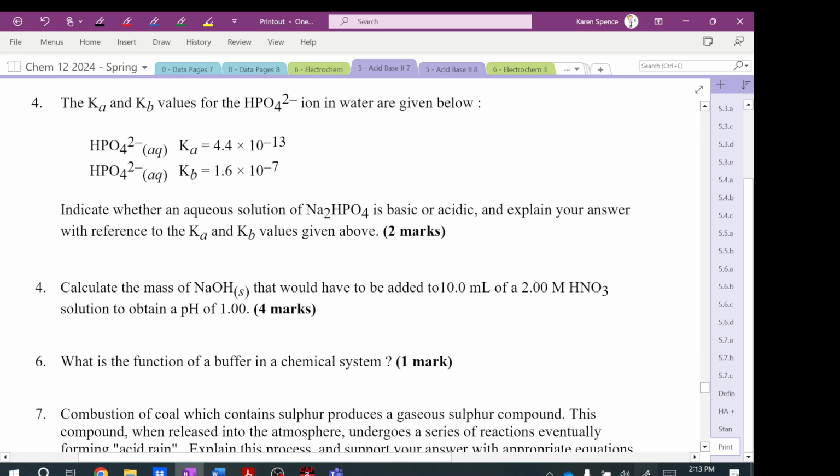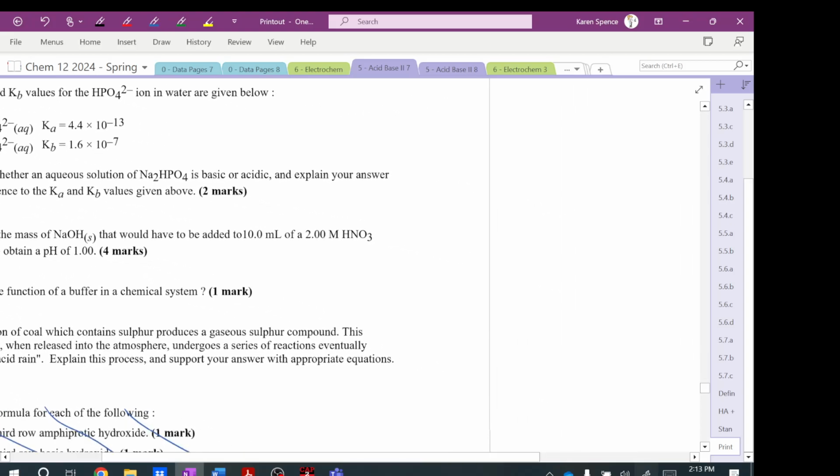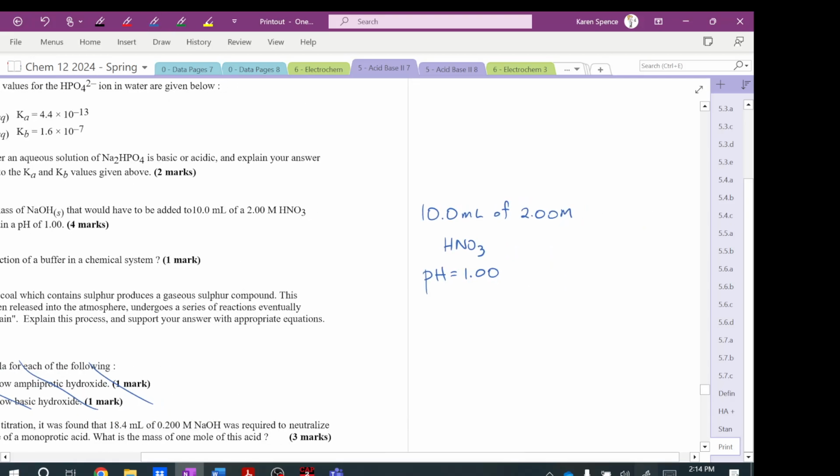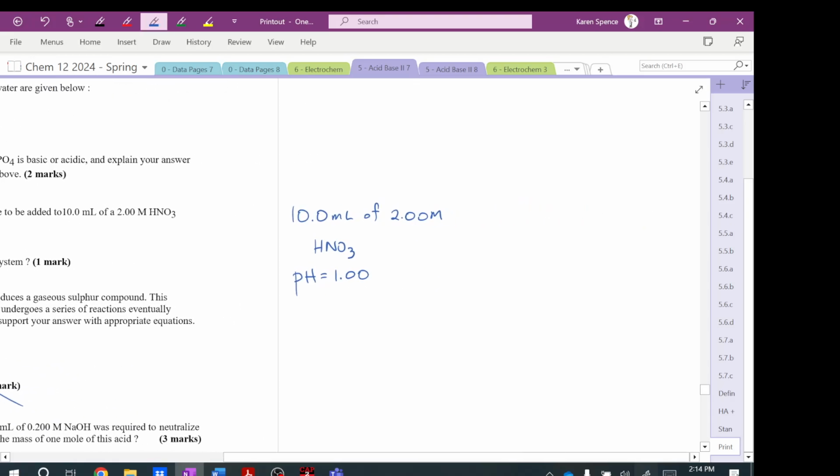Okay, so we want the mass of NaOH that would need to be added to 10 milliliters of 2 molar HNO3 to obtain a pH of 1.0. So this is our concentration of HNO3 initial.